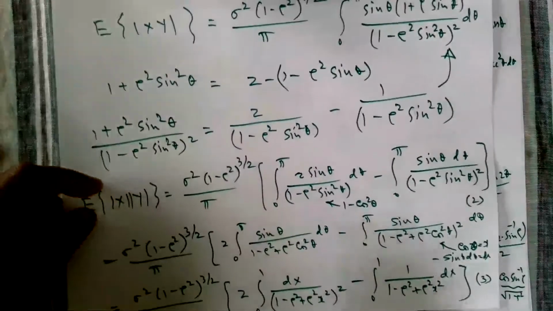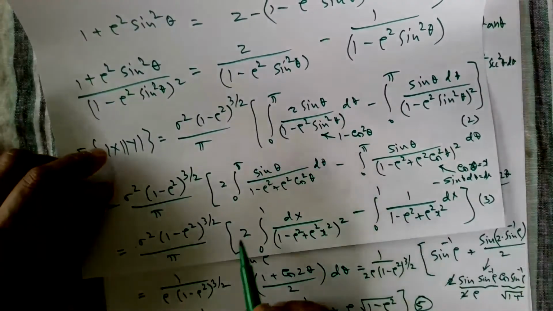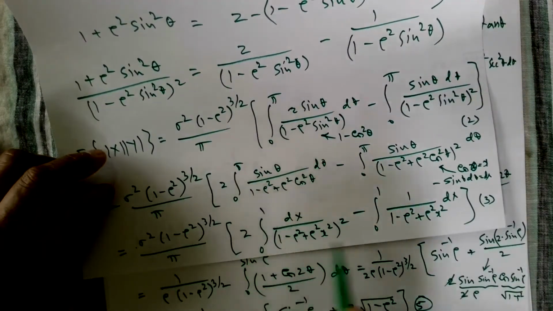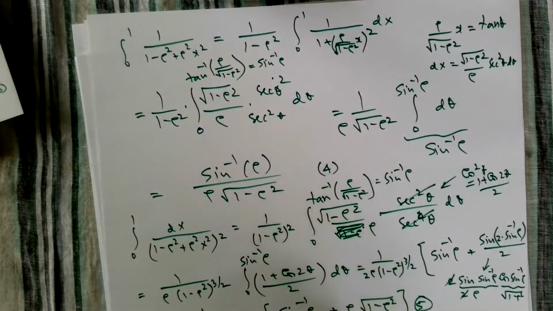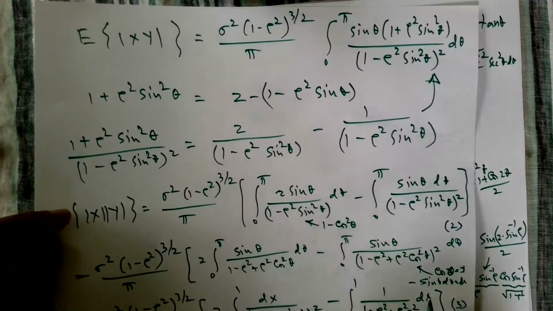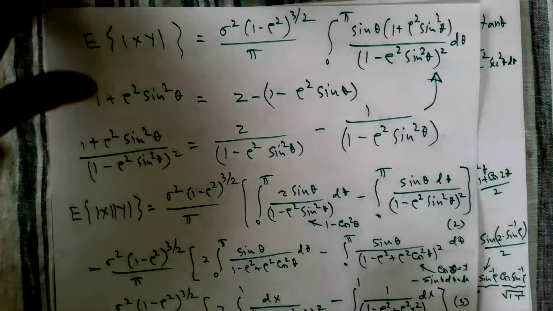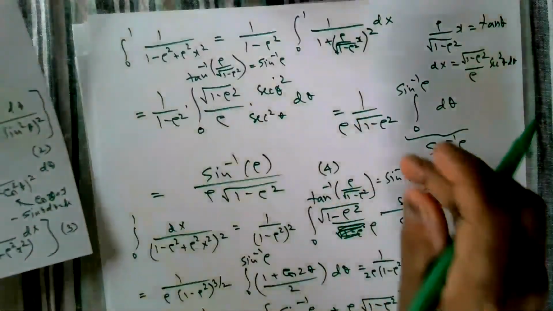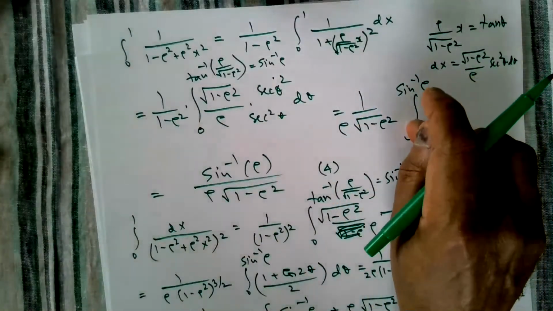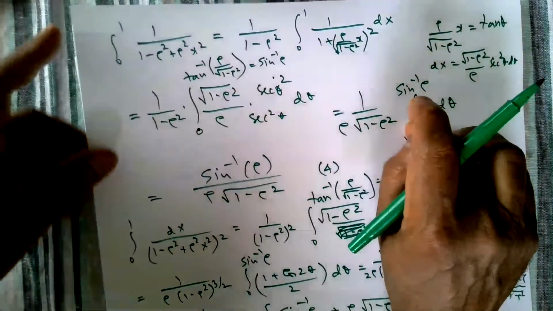So remember, if you look here, you have a 2 here. So this will get multiplied by 2. These two will cancel. And the other one is minus of this. And that's the 4. 4 is here. So I'm going to substitute these results into 3.